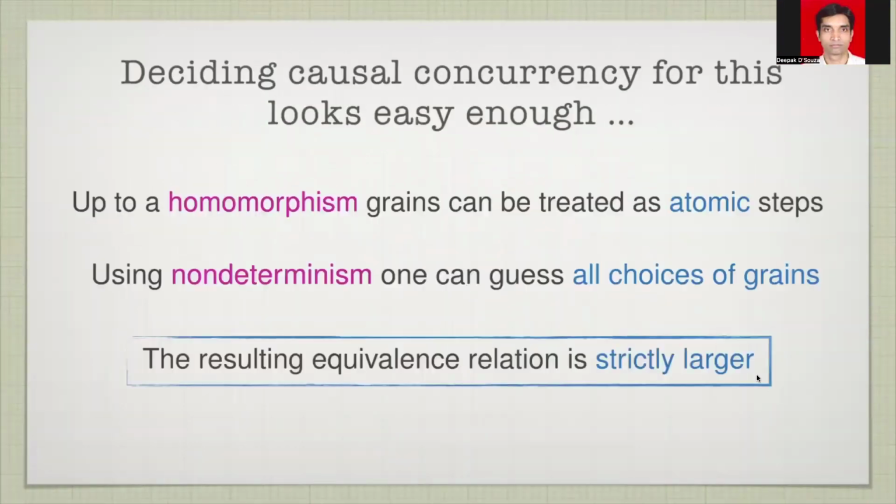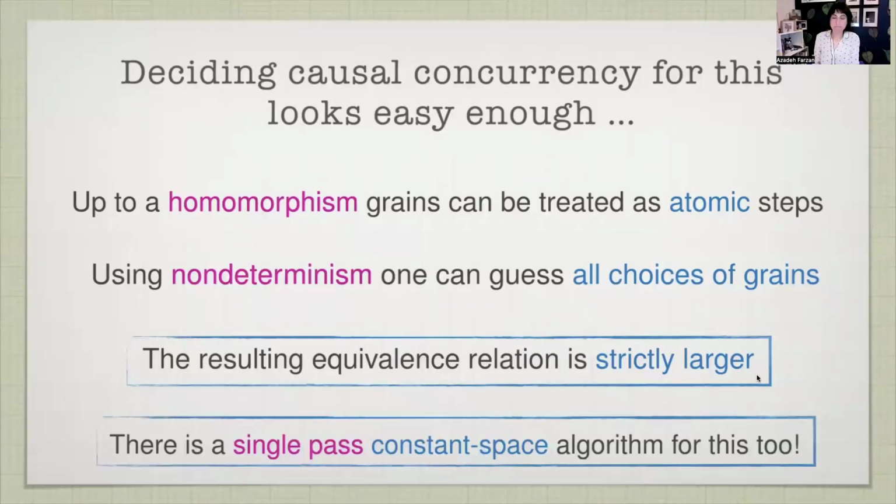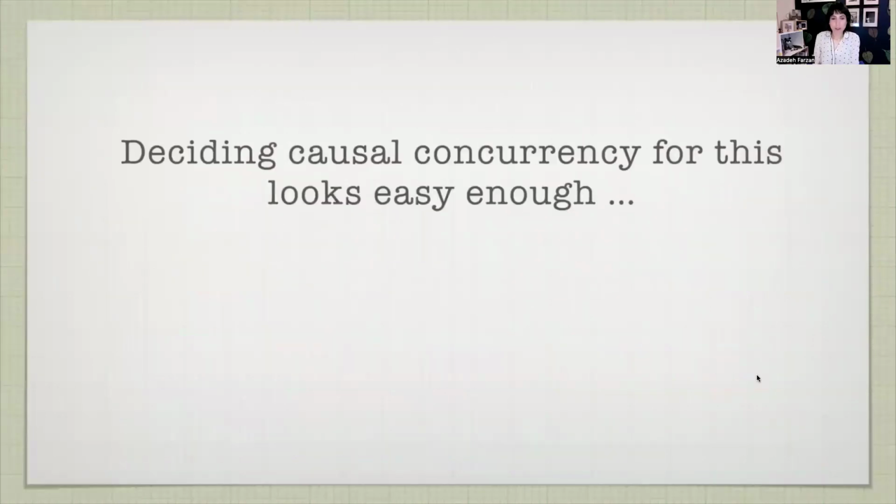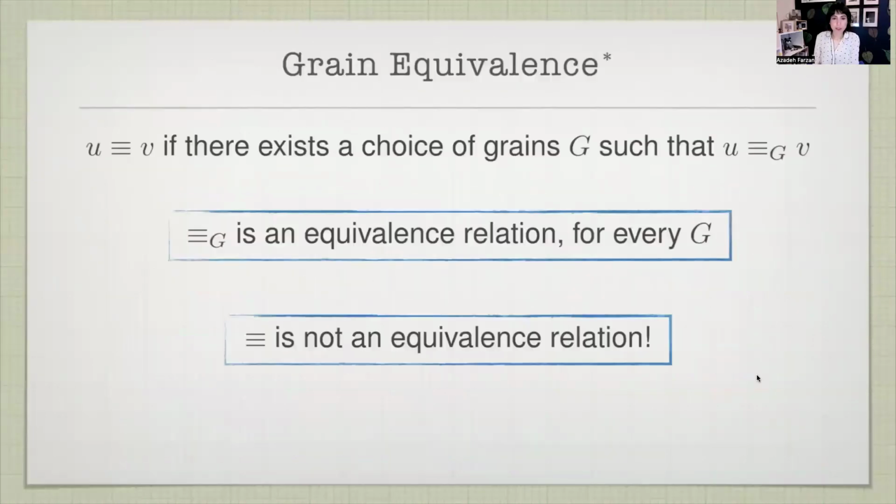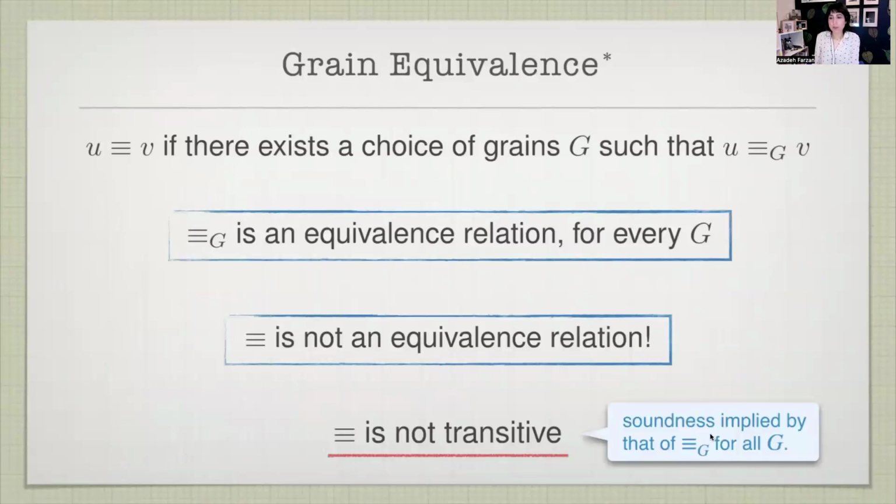And so also, if two things are grain equivalent, then are they also reads-from equivalent? Exactly. Yes, they are. I went a little too quickly here and missed this. I want to make this remark that the soundness of this, which is exactly the fact that it refines reads-from equivalence, comes from the fact that for each choice of grains, you would make sure that you're sound, and I'm getting to this in a second.